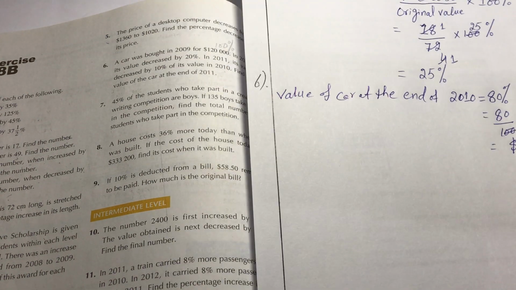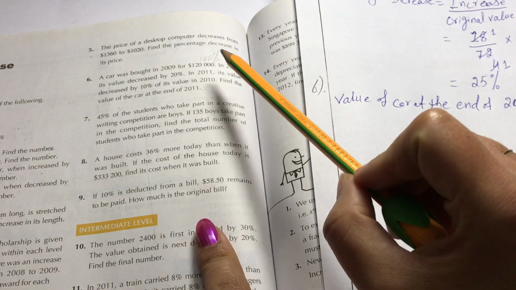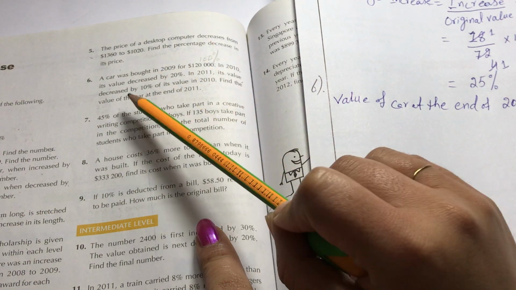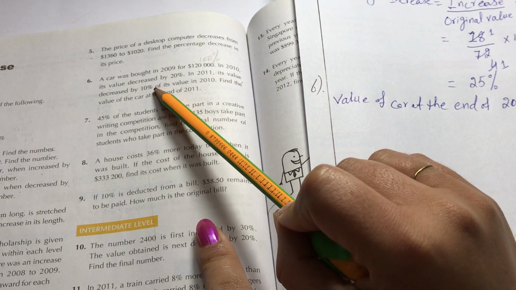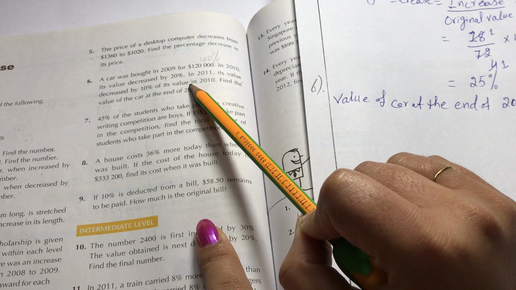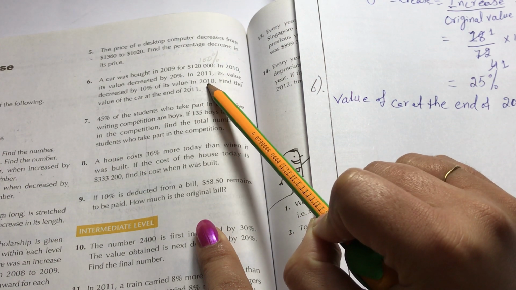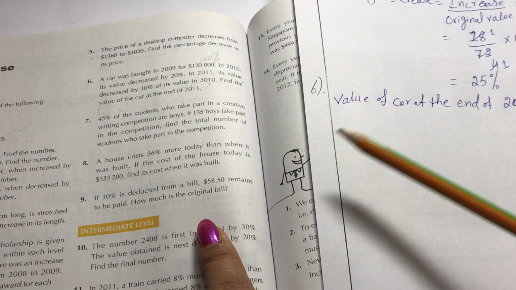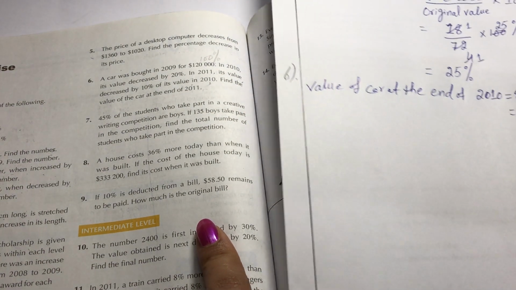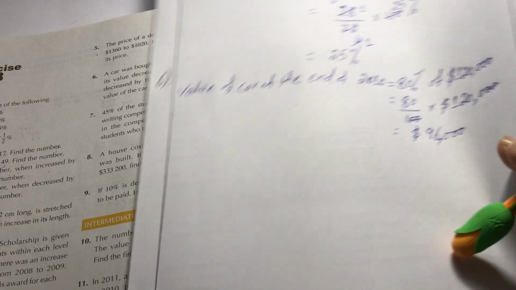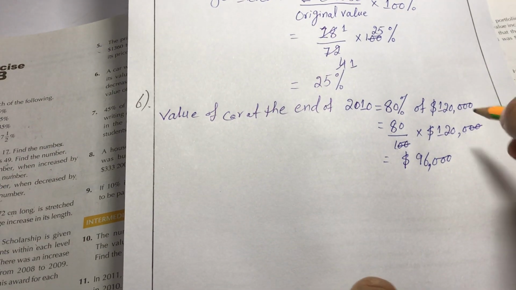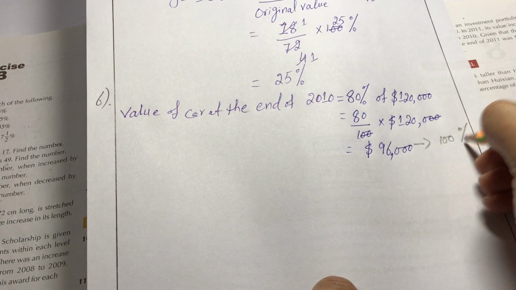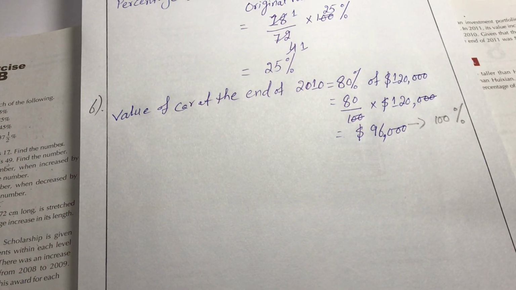$96,000, right? Now if you see in your question, it's mentioned that in 2011 its value decreased by 10% of its value in 2010. The value of 2010 will be decreased 10% more at the end of 2011. That means now we will consider this 96,000 as 100% cost of 2010, right?